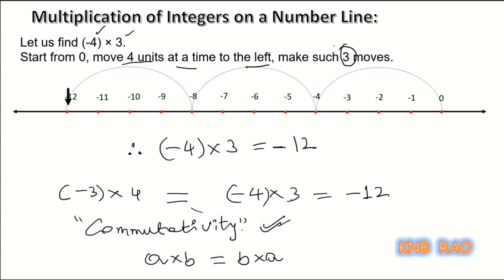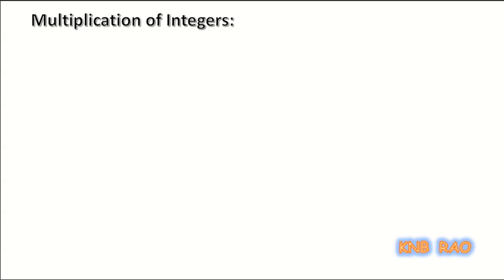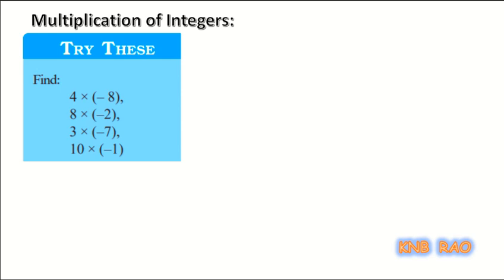I am going to give you the summary of this with the help of some more examples. Let us see, we will be finding the product of 4 and minus 8.